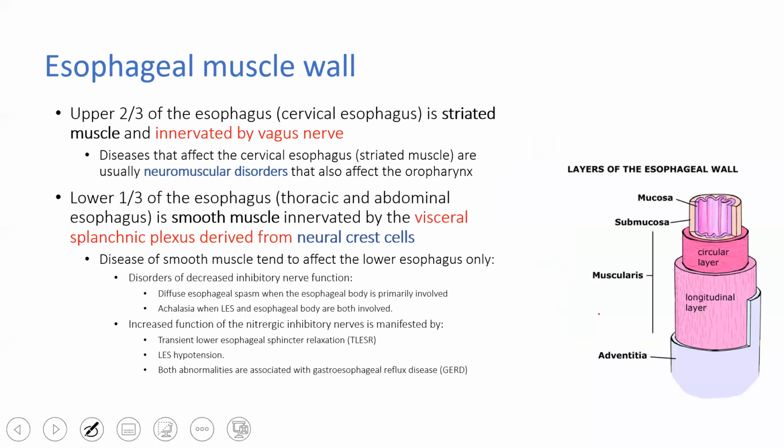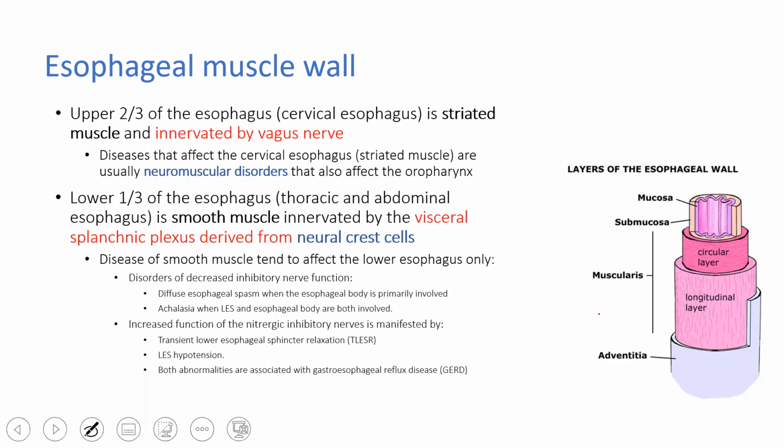The esophageal muscle wall is also important. The muscle in the esophagus is divided into the upper 2/3 and the lower third. The muscle type in the upper, or cervical, esophagus is striated muscle, innervated by the vagus nerve, versus the lower third of the esophagus, the thoracic and abdominal esophagus, which is made of smooth muscle.